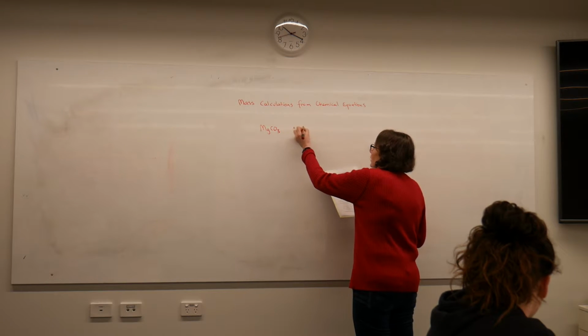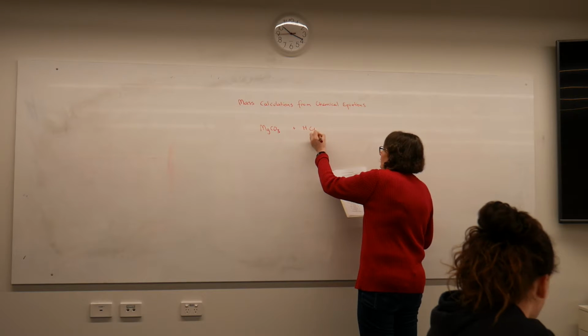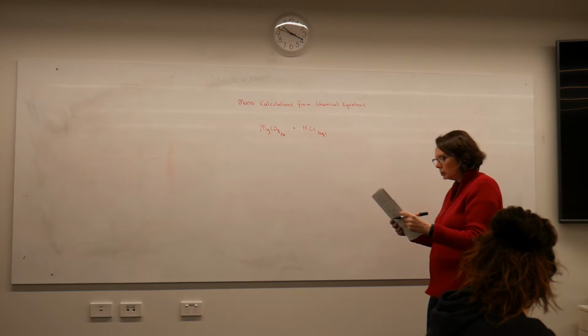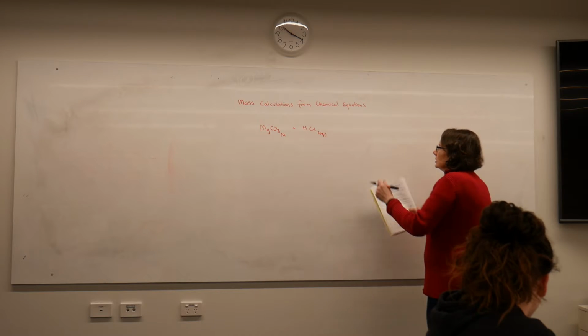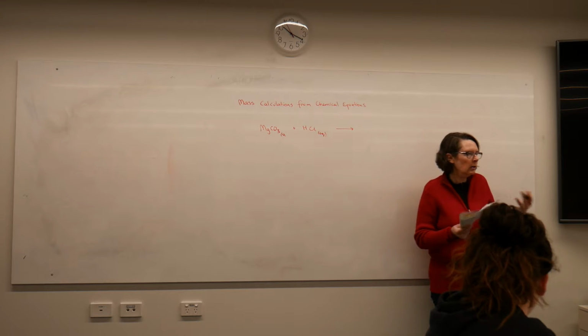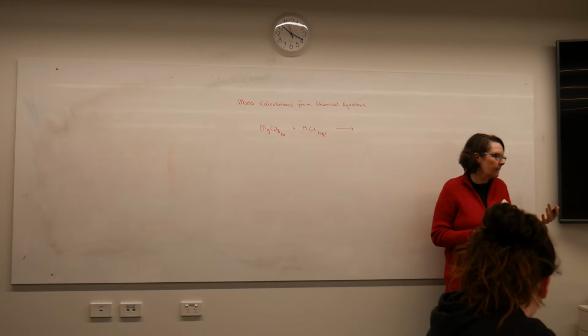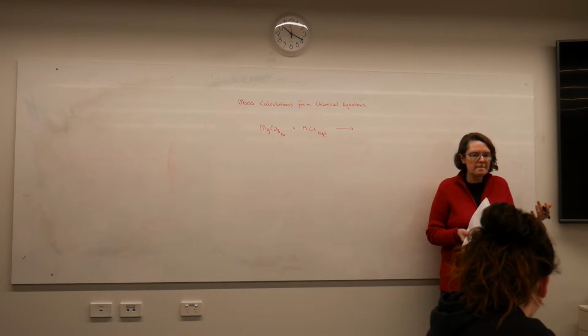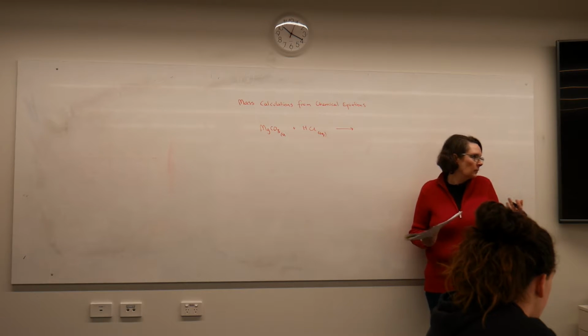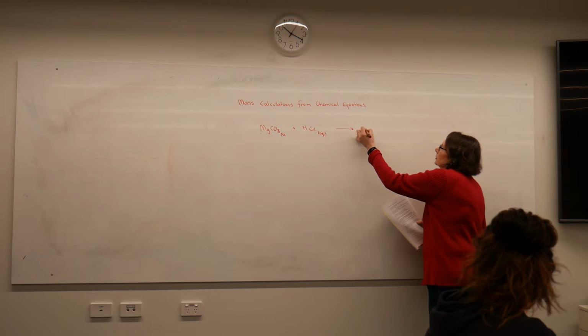It's dissolved in the hydrochloric acid, and we produce magnesium chloride. How are we going to write magnesium chloride? MgCl2.